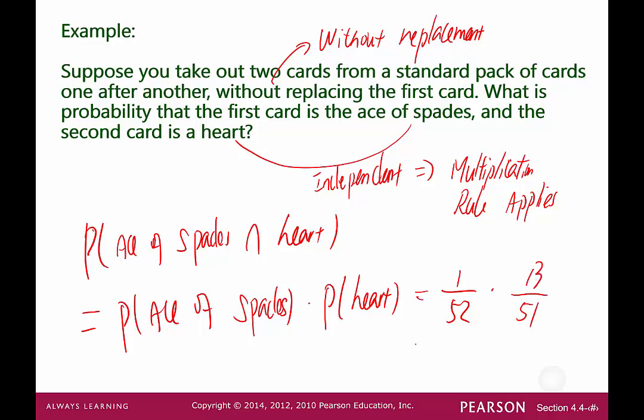So the probability is 13 over 51. Then we can reduce it. 13 goes into 52 four times. So it's going to be 1 over 204. The probability is 1 over 204. That's the exact fraction.